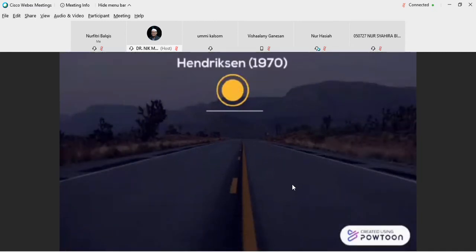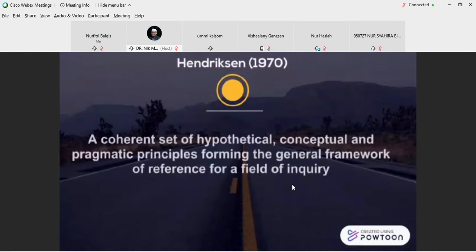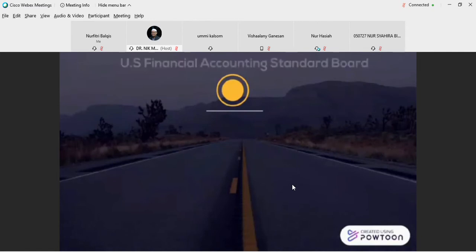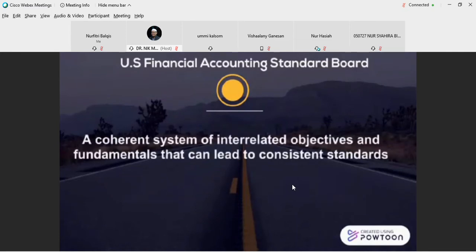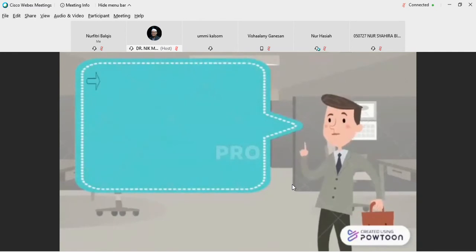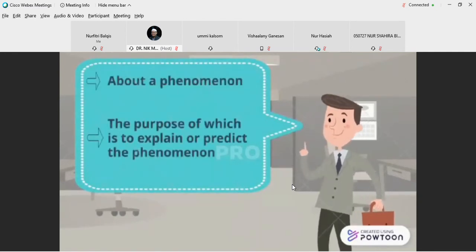The accounting scholar Henriksen 1970 defines a theory as a coherent set of hypothetical, conceptual, and pragmatic principles forming the general framework of reference for a field of inquiry.